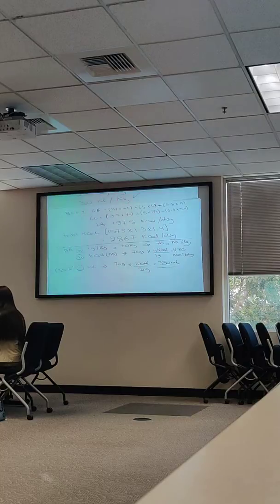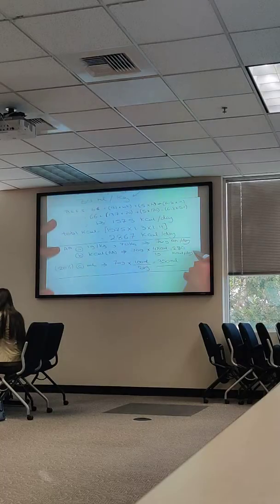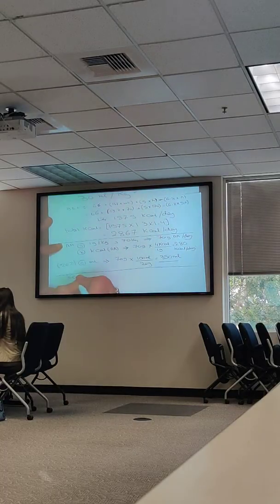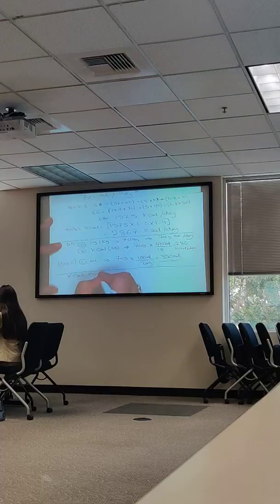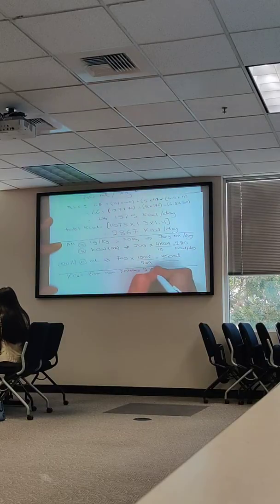Now what do we do? These are the kilocalories from protein source. So the kilocalories from non-protein equal the total, 2867, minus 280.